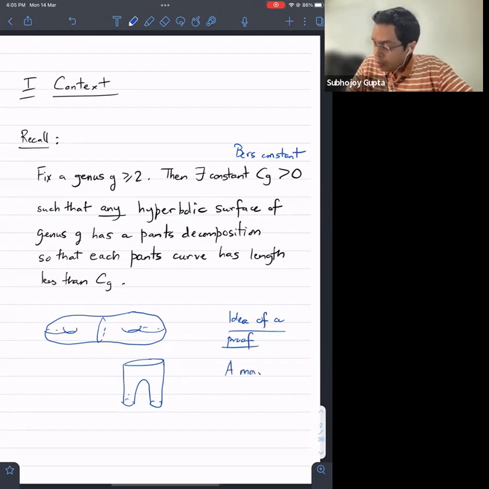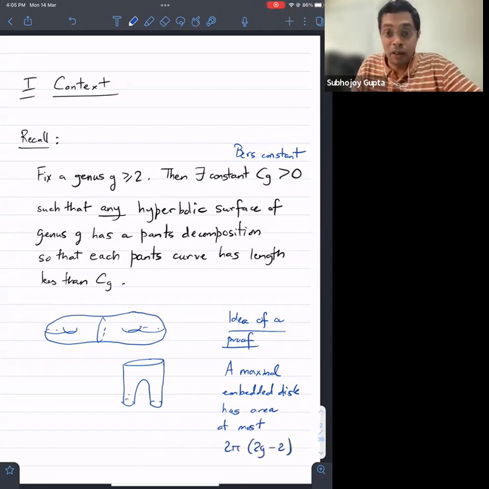The whole idea is that a maximal disk embedded in the surface, you have a hyperbolic disk of some radius that is embedded, has an area bound, has area at most 2 pi times (2g minus 2). So here's a pi on pi day, I suppose.